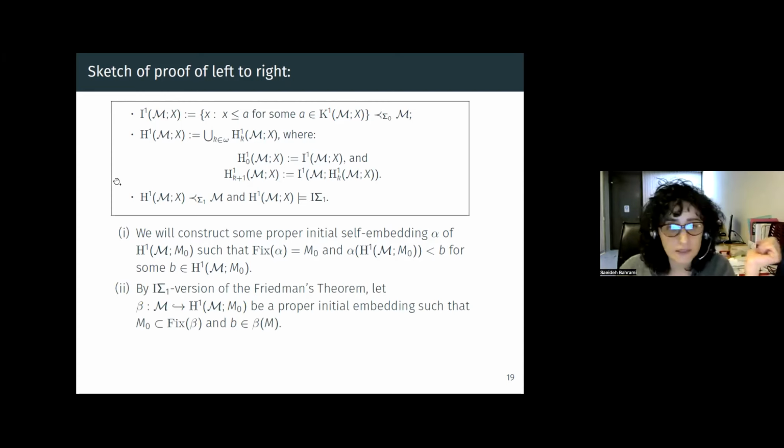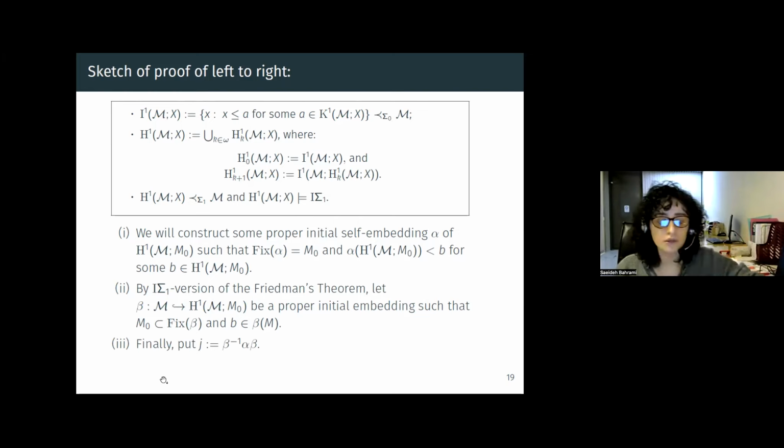Then, since this submodel is a model of IΣ1 and it is an initial segment, it has the same standard system as M, and it has the same Σ1 theory, so we can use the IΣ1 version of Friedman's theorem, and we can find some beta such that beta fixes every element of M0, and this upper bound is in the image of beta.